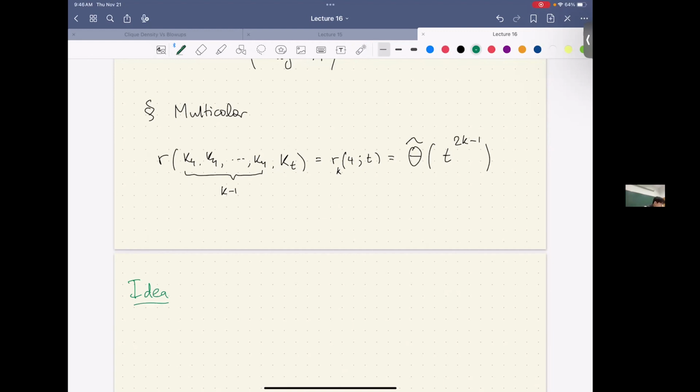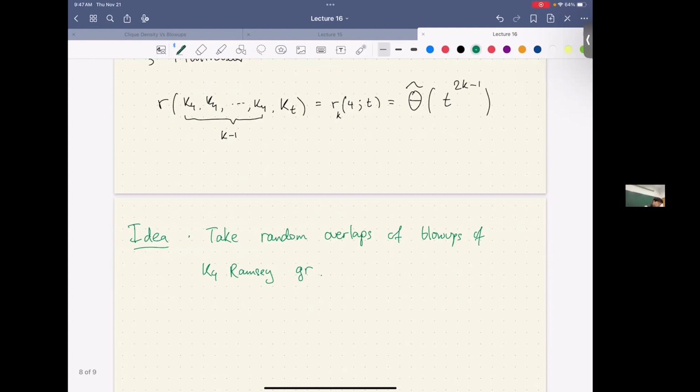The idea is to take random overlaps of blow-ups of this K4 Ramsey graph. This is a one sentence summary of their idea.